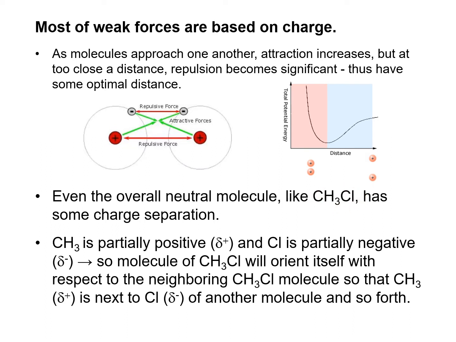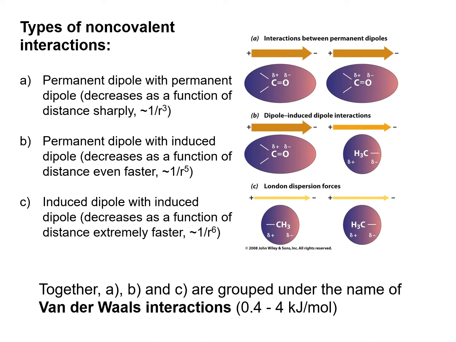So this molecule will orient itself with respect to the neighboring chloromethane in a way that this positively charged region is located next to the negatively charged region. And if you have multiple molecules of the same kind, chloromethane, then all of them will orient in similar ways.